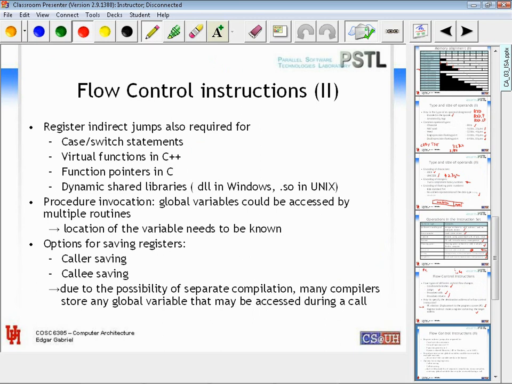So register indirect in fact has to be used every time you cannot determine the outcome of the condition using a single displacement. To give you an example, when you have a case switch statement in your code, the condition variable can in fact point to multiple locations.